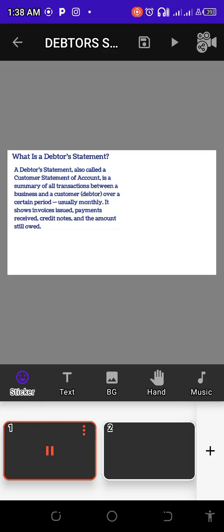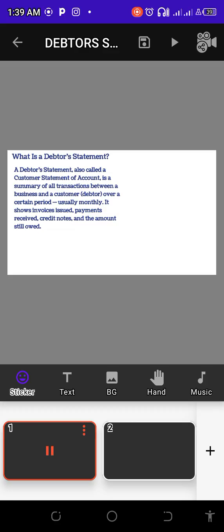A customer in this sense is a credit customer or a debtor. It shows the invoices issued to the customer, all the payments made by the customer, all the credit notes, overpayment and or underpayment, and it also shows the outstanding balance.